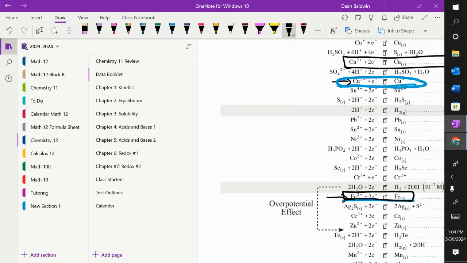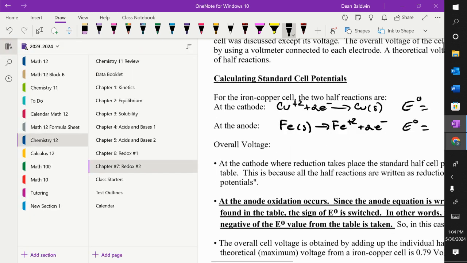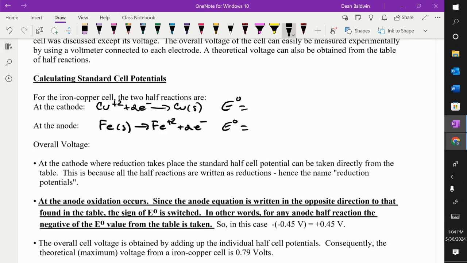So the E naught of the first reaction, as written, pulled off the table, you don't change anything, it's 0.34 volts.